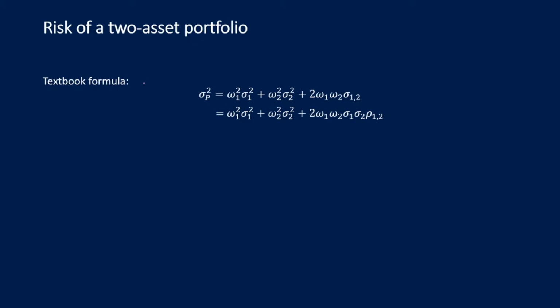The textbook formula says that the variance of a portfolio of two assets is given by the weight, denoted by omega, weight 1 squared times the variance of the return of stock 1, plus the weight of stock 2, also squared, times the variance of stock 2, and plus 2 times the weight of 1, the weight of 2, and the covariance.